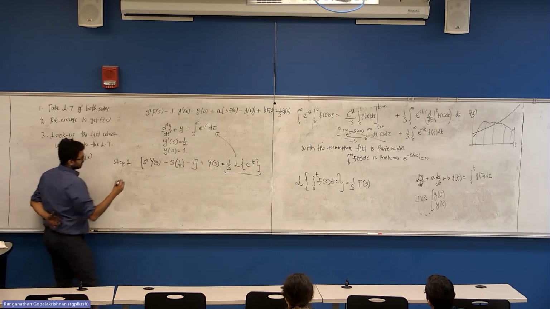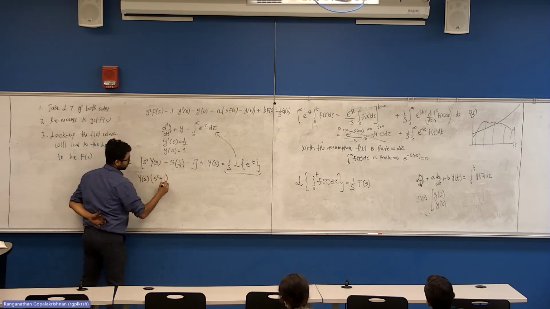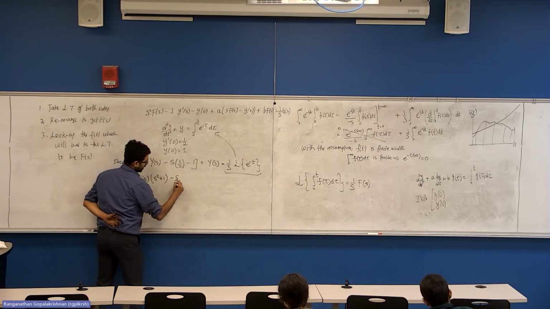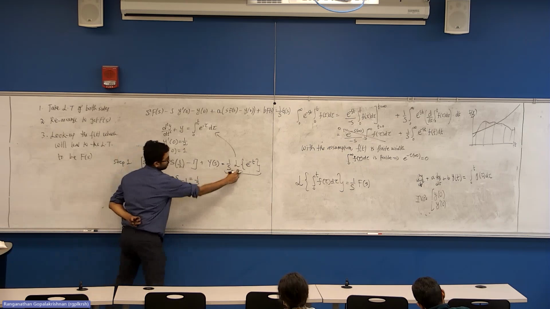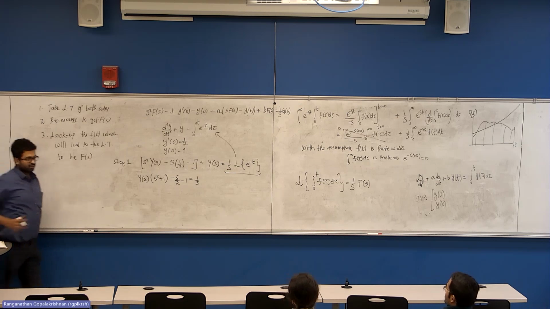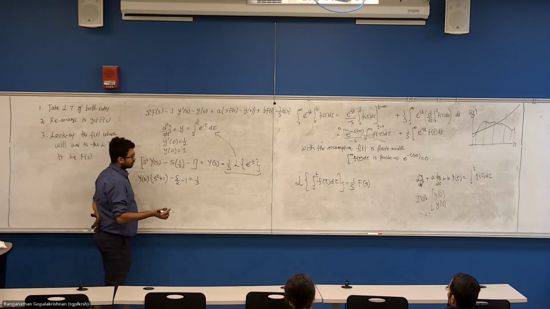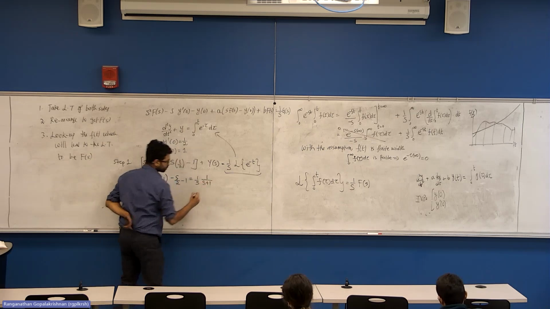So this would be y of s times s squared plus 1, minus s divided by 2, minus 1, equal to 1 over s. What is the Laplace transform of e power minus t? We saw it at the start of the class. 1 over s plus 1.